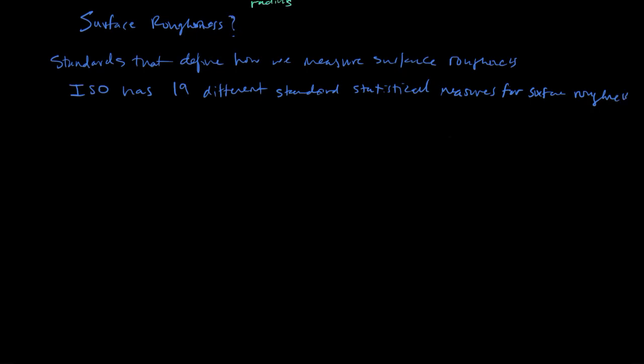Okay, so we're going to talk about the most common surface roughness measures, and these are RA and RQ.